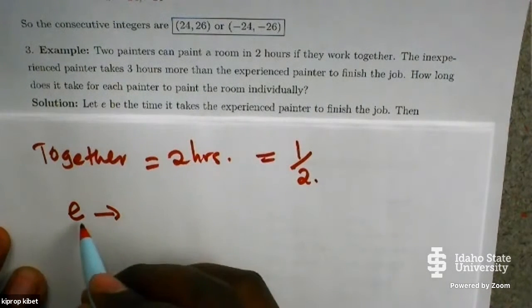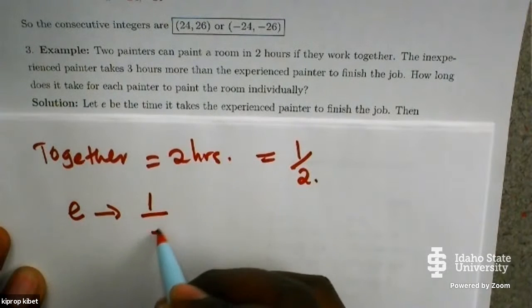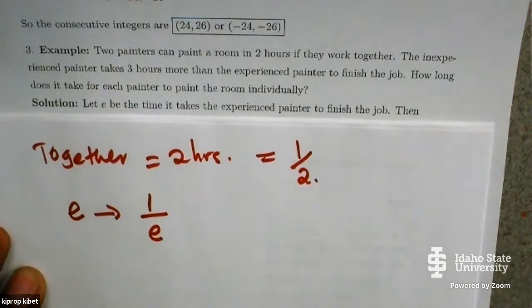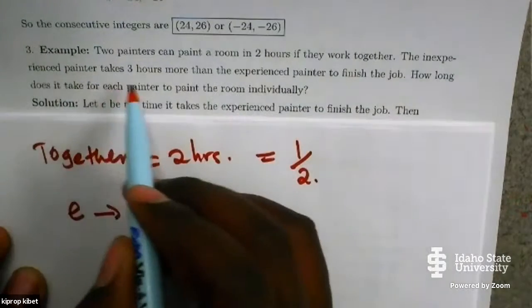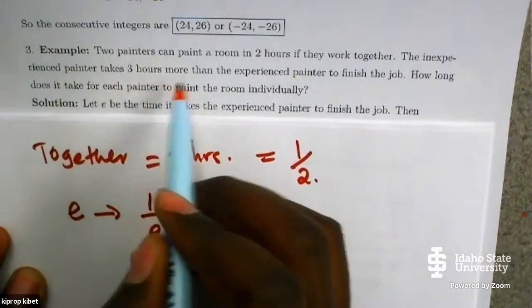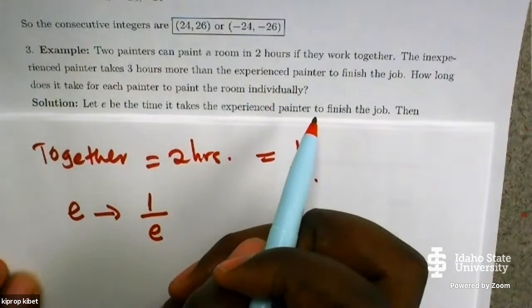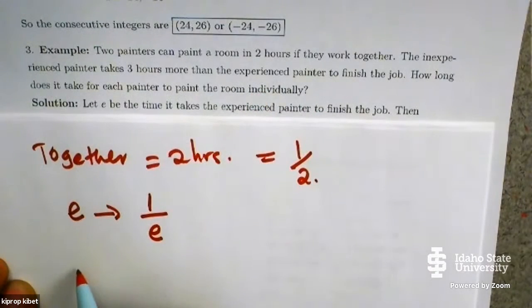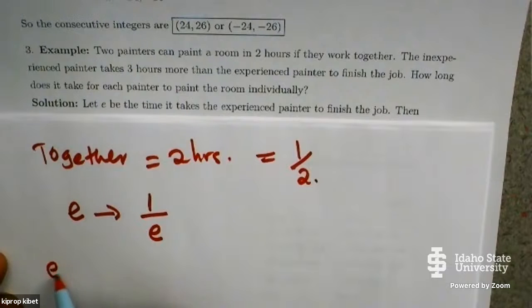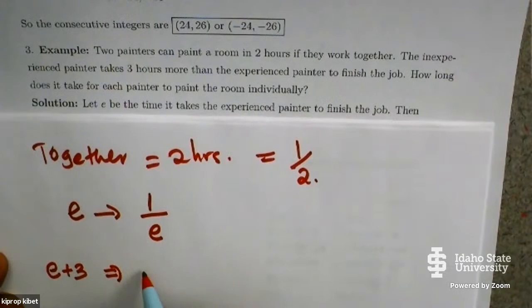So for the experienced, E takes 1 over E of the time. And then the other one, who is inexperienced, takes 3 hours more than the experienced. So the inexperienced will take E plus what? 3. Okay, E plus 3. So in 1 hour, this guy will do 1 over E plus 3.